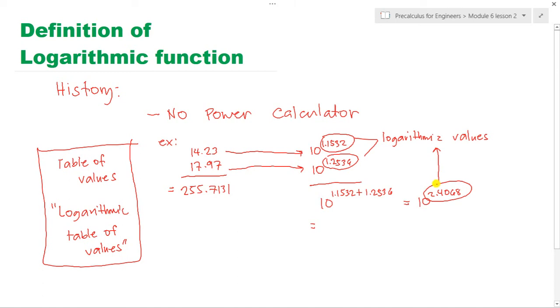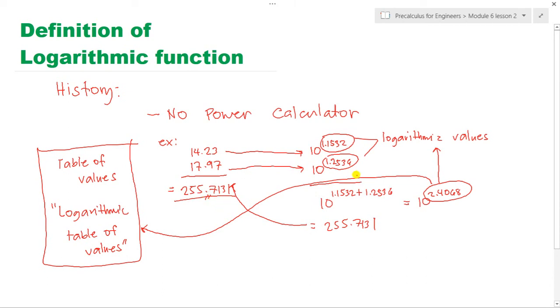In order to get the final answer, they used this resulting logarithmic value, or the resulting exponent, and looked for it in the logarithmic table. After they found it in the logarithmic table, they looked for the corresponding number, and by using interpolation, they can get 255.7131, which is similar, although there are small discrepancies in the decimal places, but when rounded off, you get the same answer as solving using manual multiplication.